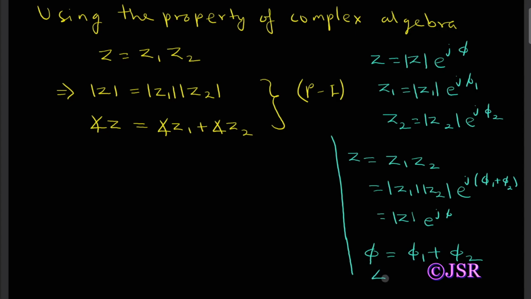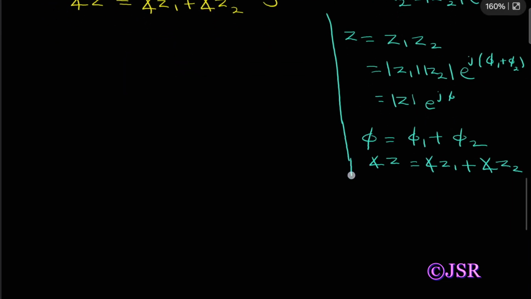It means the mod of Z will be equal to the mod of Z1 into the mod of Z2, and so on.